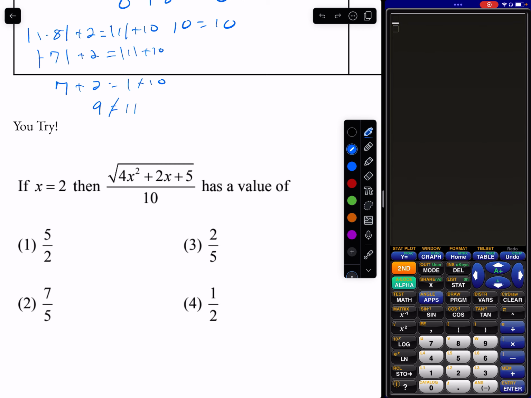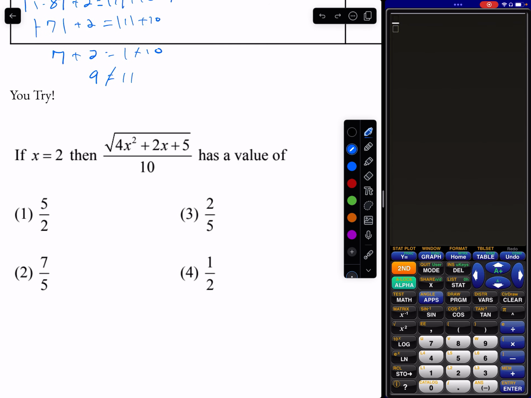Now, if I'm evaluating it at 2, I would say the square root of 4 times parenthesis 2 squared plus 2 times 2, and then I'm going to get a plus 5.